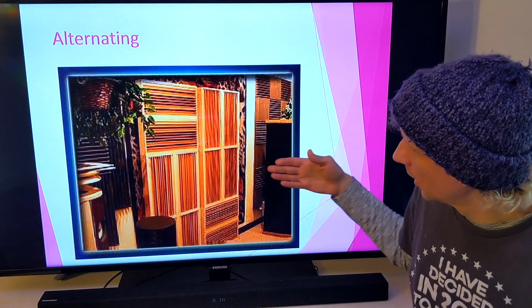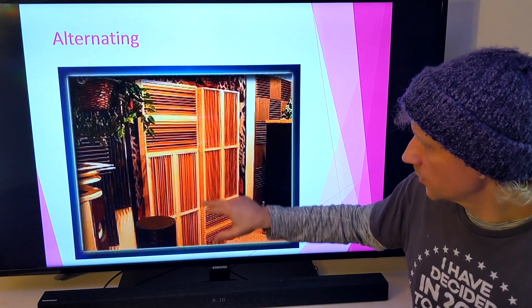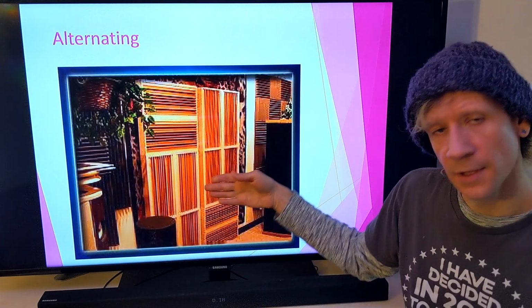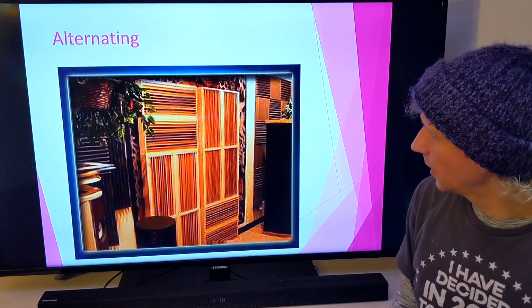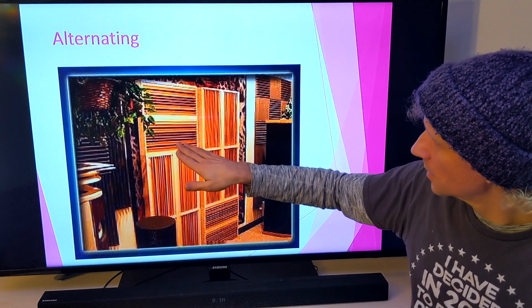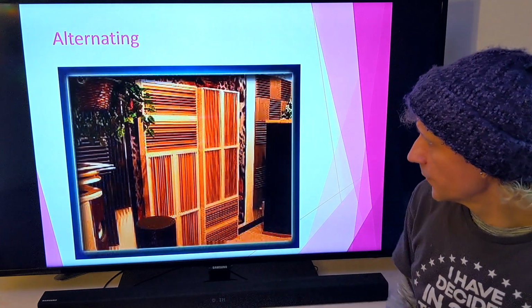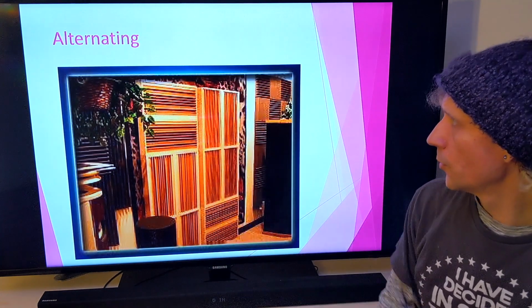So anything coming in to this middle panel is going to splay and diffuse out hemispherically like this. And anything coming in like this is going to splay out hemispherically like this. That's why they have both vertical and horizontal here.